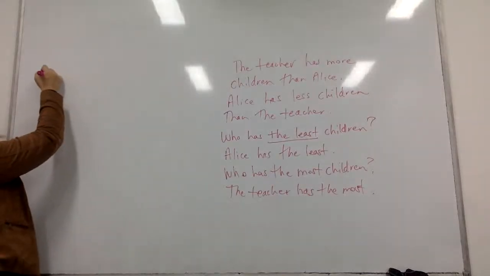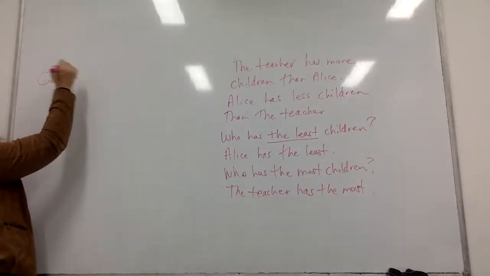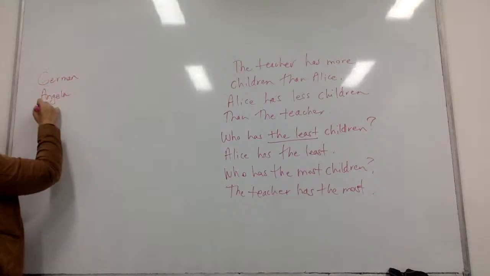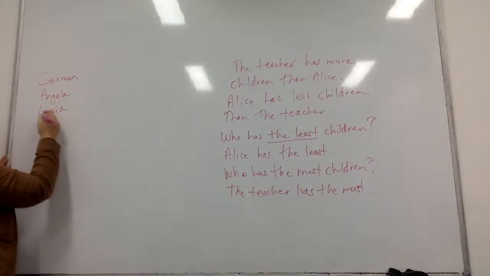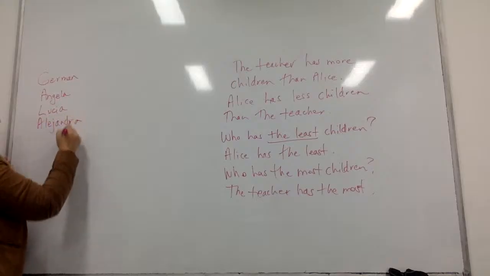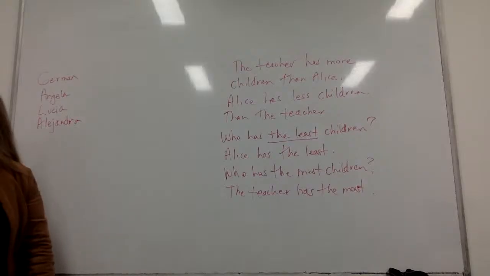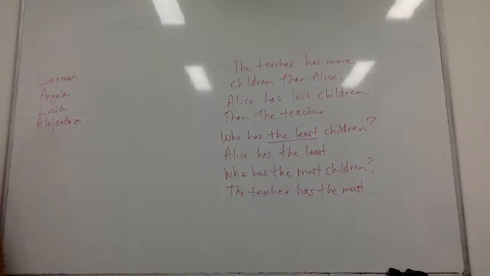Germán. Angela. Lucia. Alejandra. So those are the four siblings. When we say siblings, we're talking about brothers and sisters. So Germán, Angela, Lucia, and Alejandra.